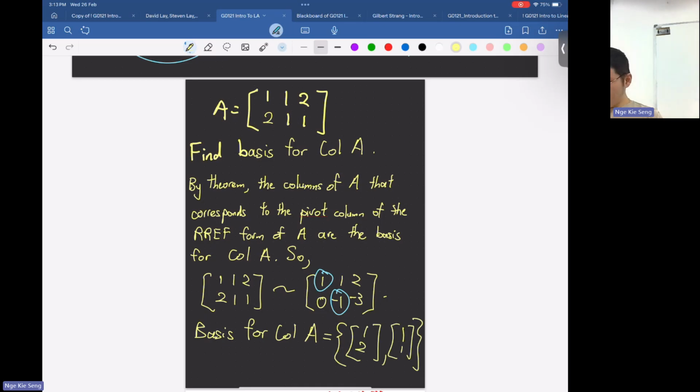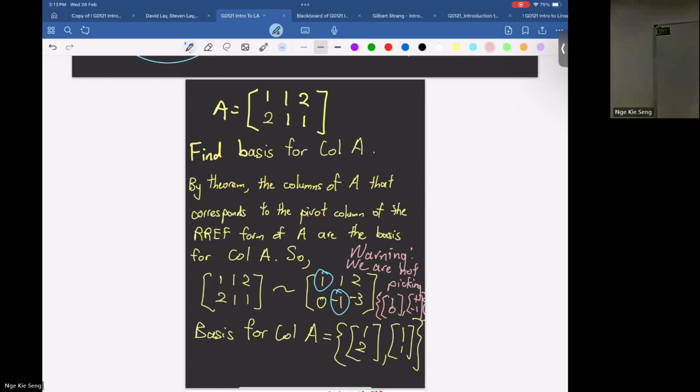Note that, here I want to warn you. Warning: we are not picking 1, 0, and 1, 1, minus 1. Often students will just pick this pivot column as the basis.